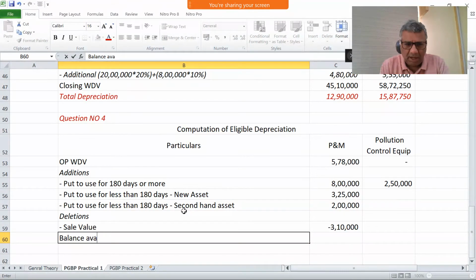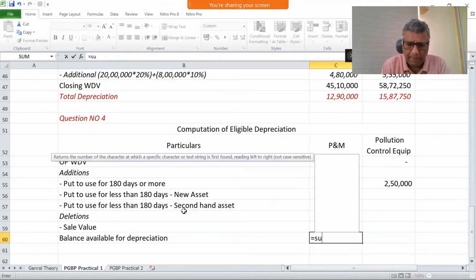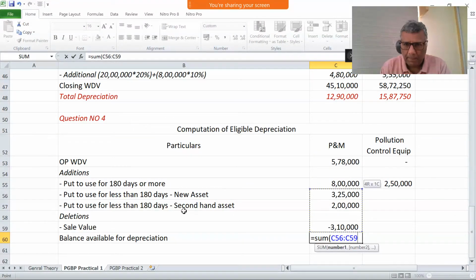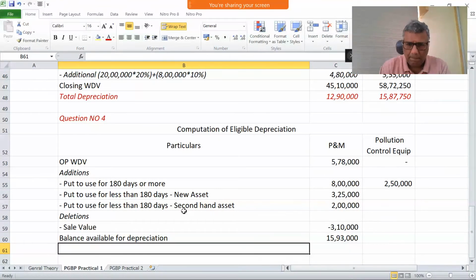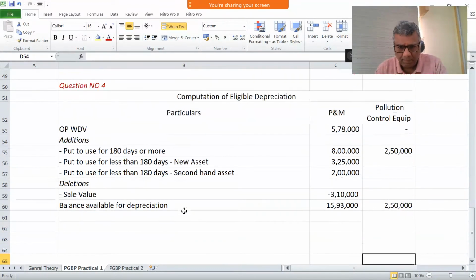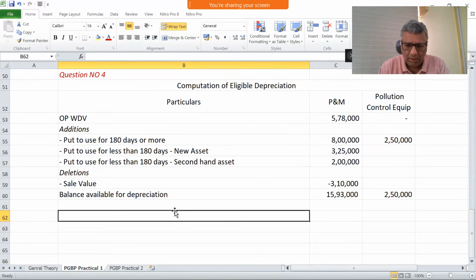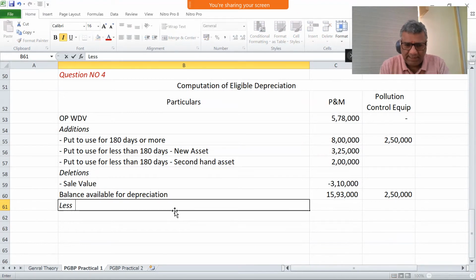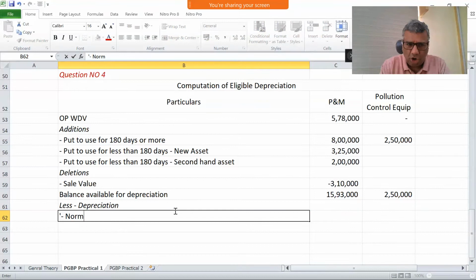Balance available for depreciation, less depreciation under the normal.